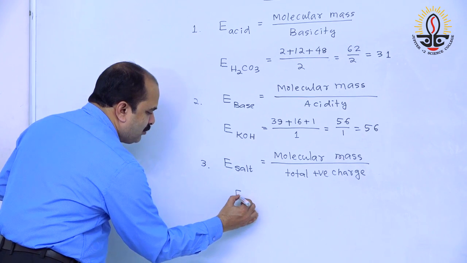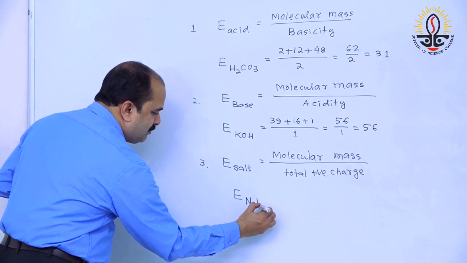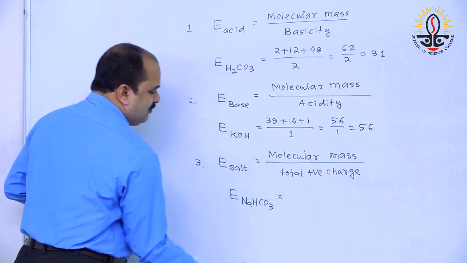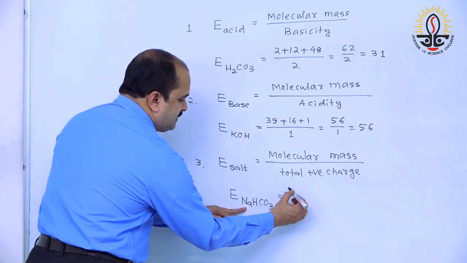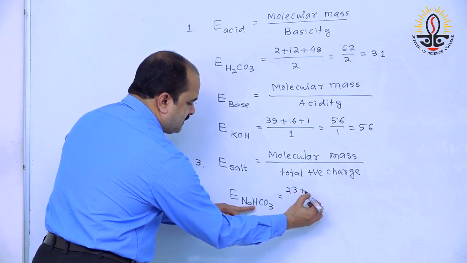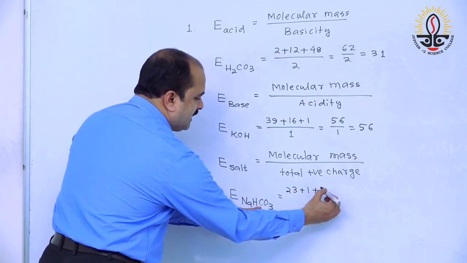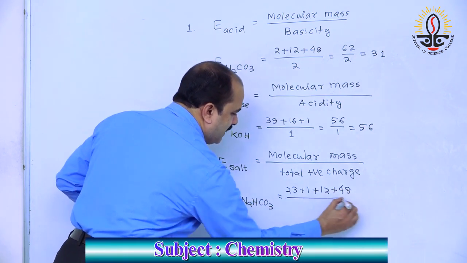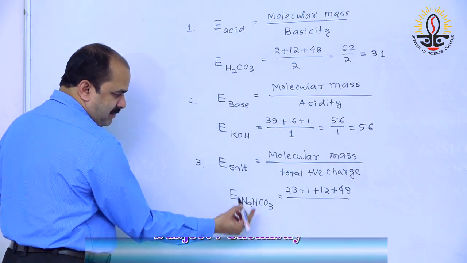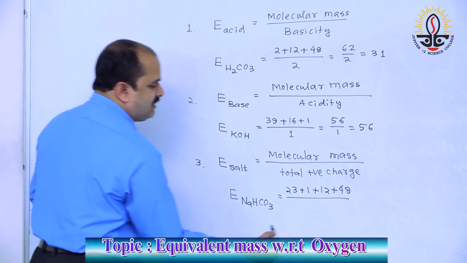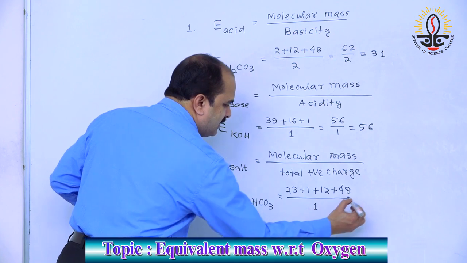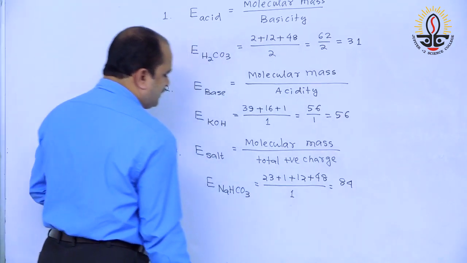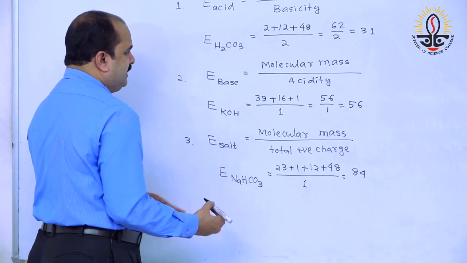For example, equivalent mass of sodium hydrogen carbonate, or sodium bicarbonate: the molecular mass is sodium 23 plus hydrogen 1 plus carbon 12 plus oxygen 48, divided by the number of positive charge, which is only 1, that is Na plus. So it is divided by 1 and equals 84. Equivalent mass of sodium bicarbonate is 84.